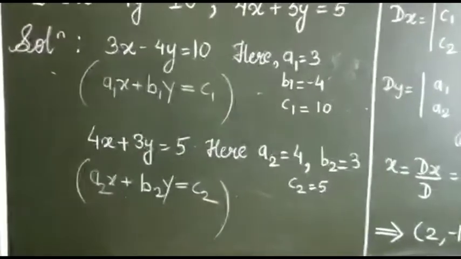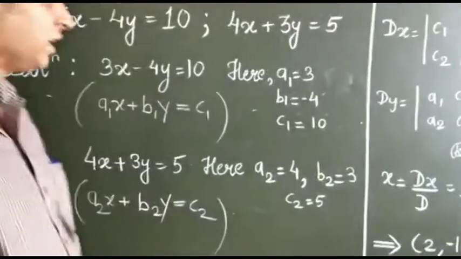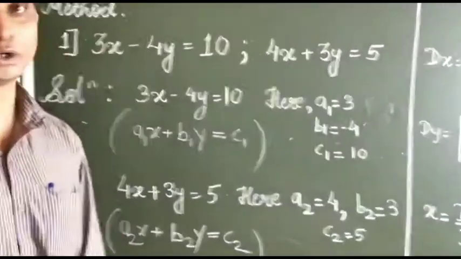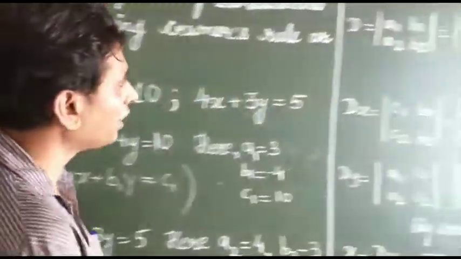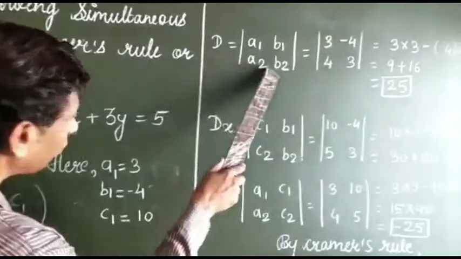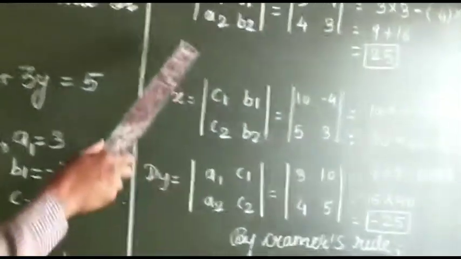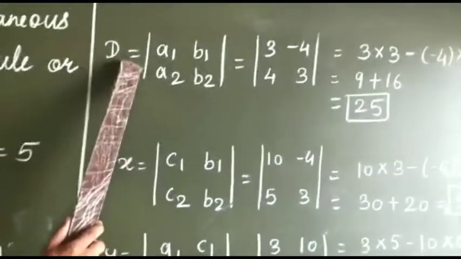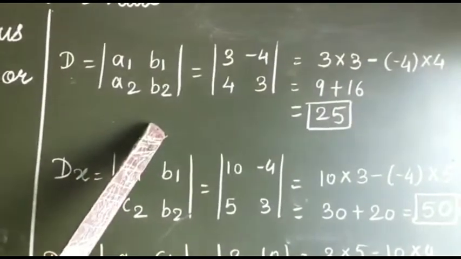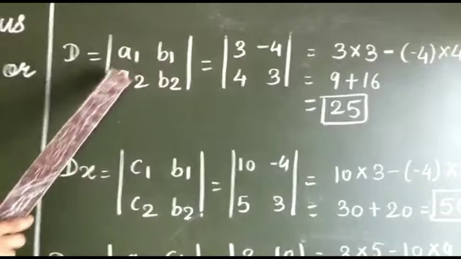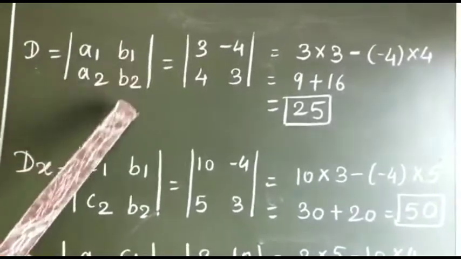Okay. After finding the values of a1, b1, c1 and a2, b2, c2, apply the determinant. So what is the determinant D? Determinant D is equal to a1, a2, b1, b2. We already found the values of a1, a2, b1 and b2.